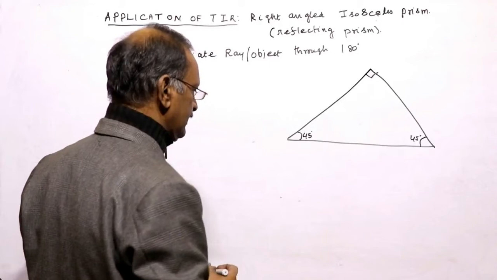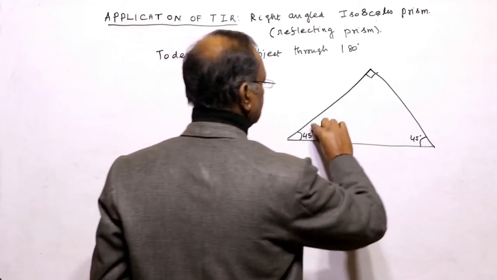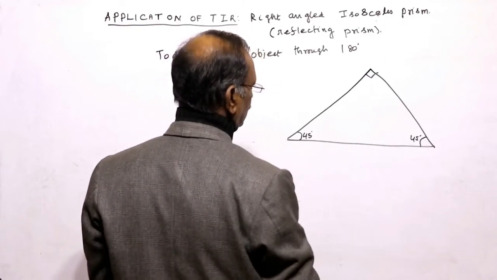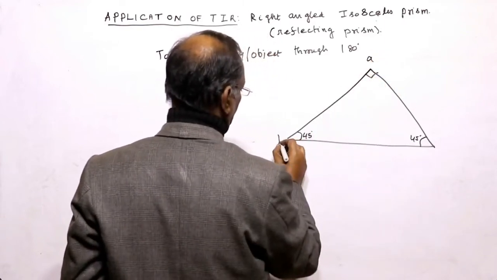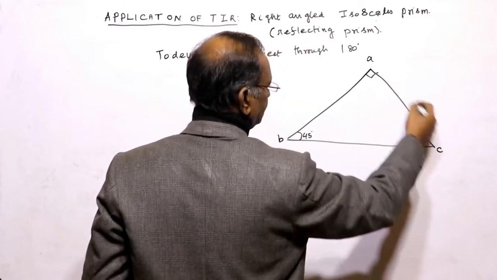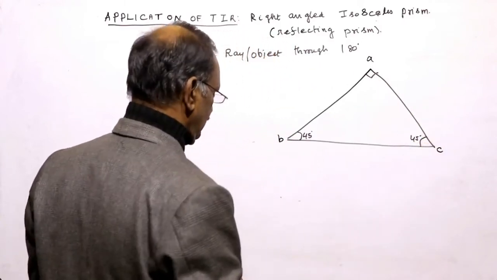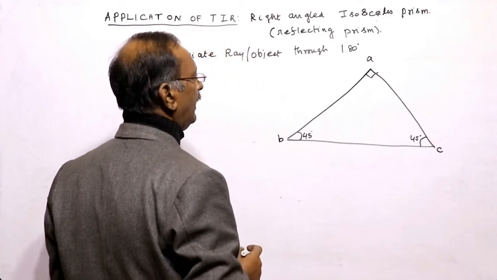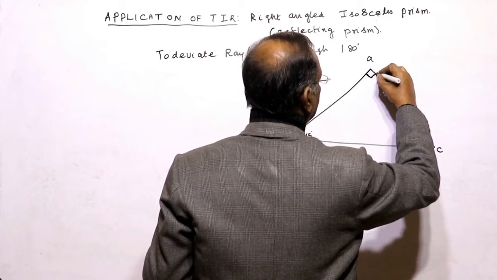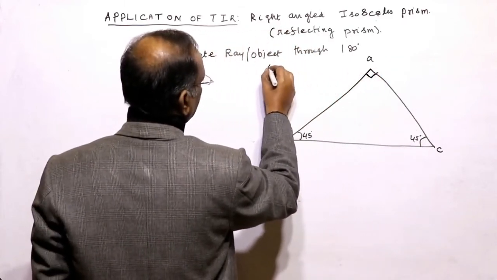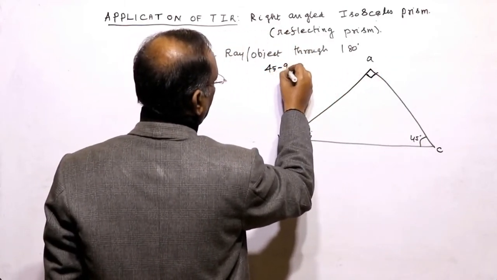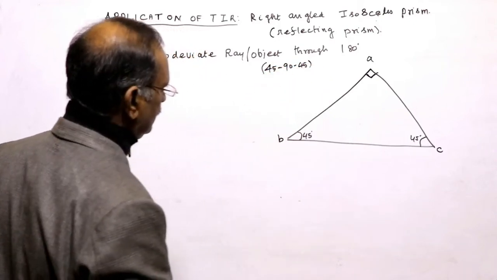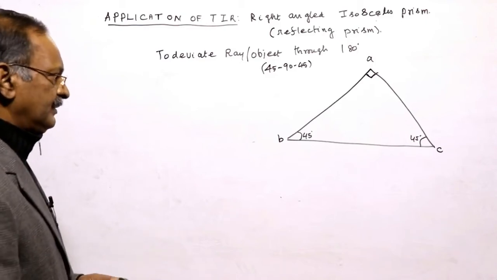Since it is an isosceles triangle, the sides opposite the 45 degree angles are equal in size. That is, face AC and face AB are the isosceles sides. Both sides are equal, and this is 90 degree. That is, the angles are 45, 90, 45. This is called a right angle isosceles prism or reflecting prism.